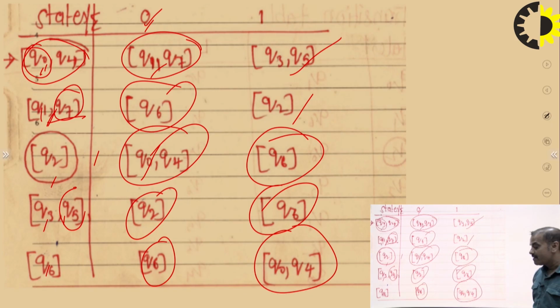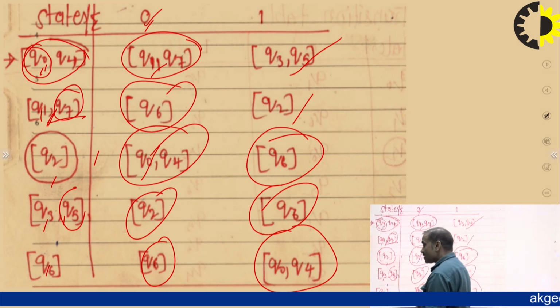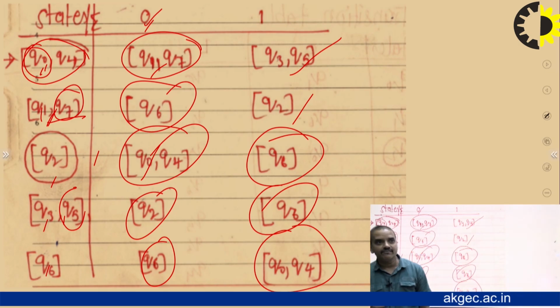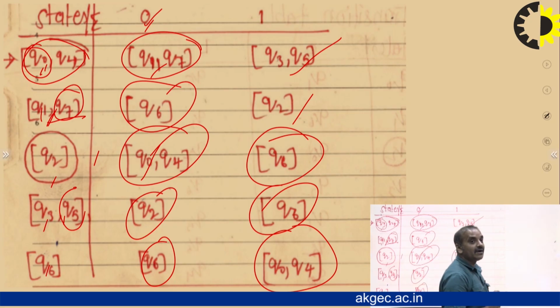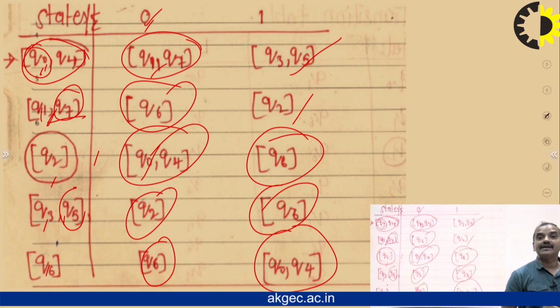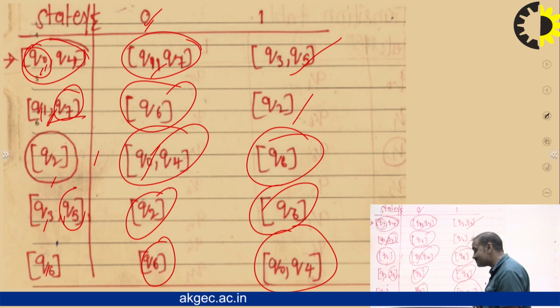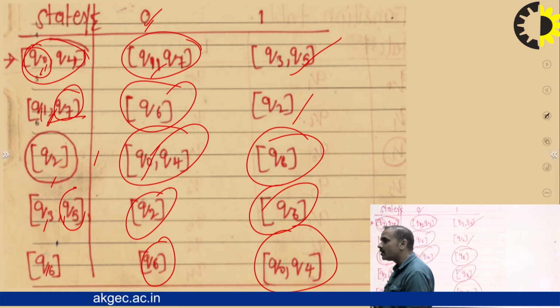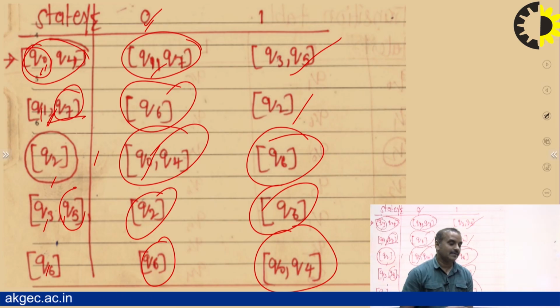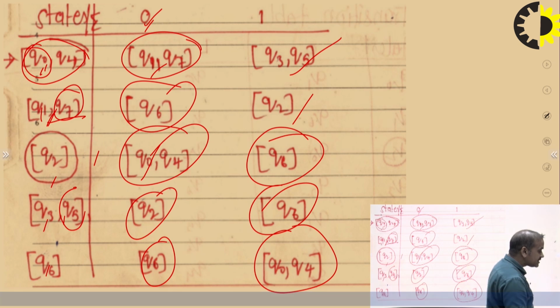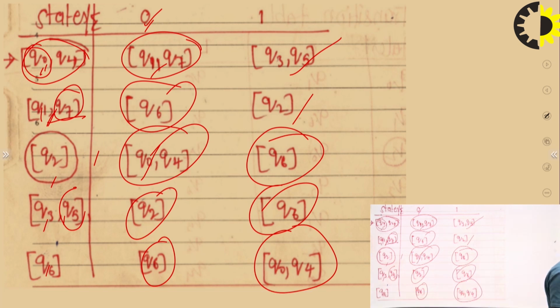This is the method used to construct the table for the converted and minimized DFA. This is the most important thing, how to give the answer for a particular question.